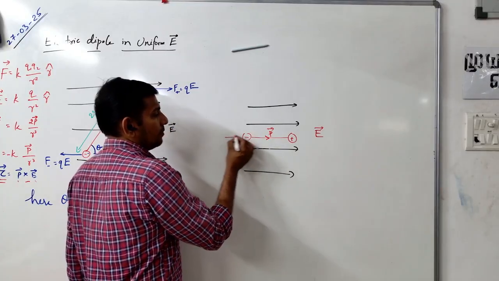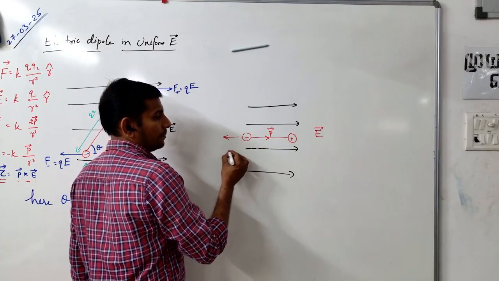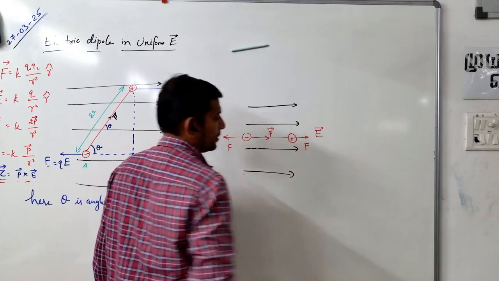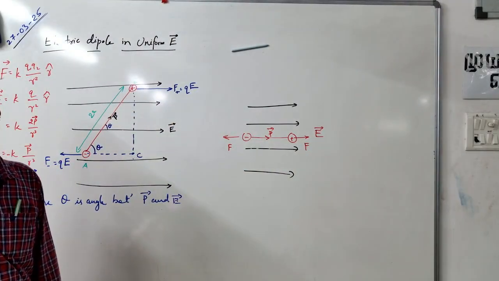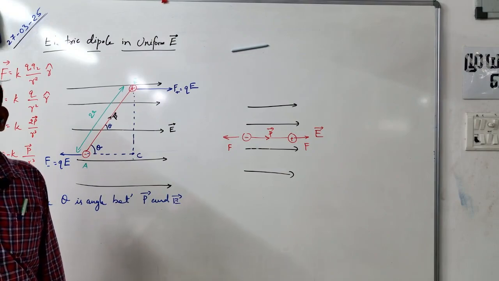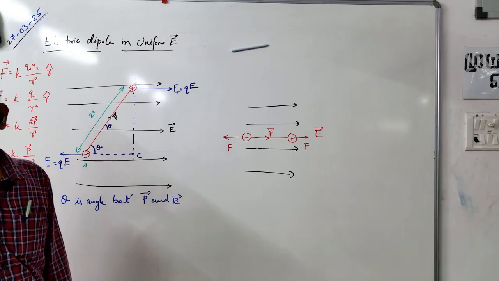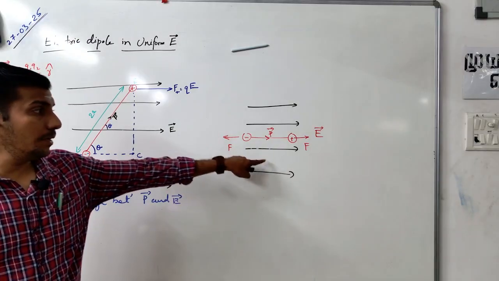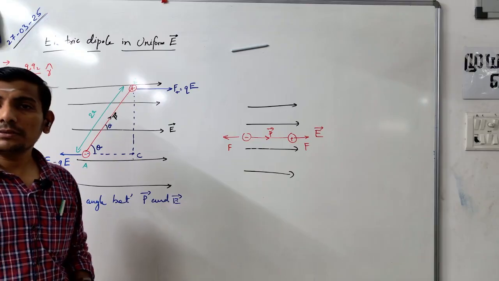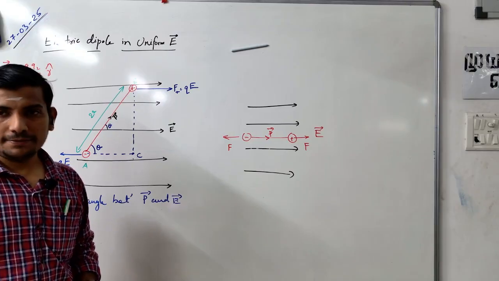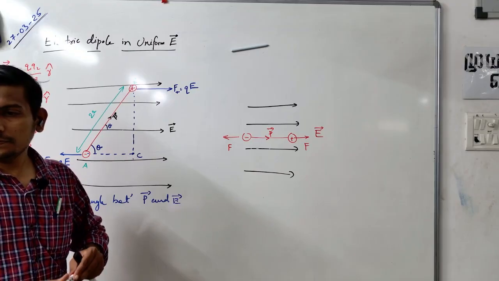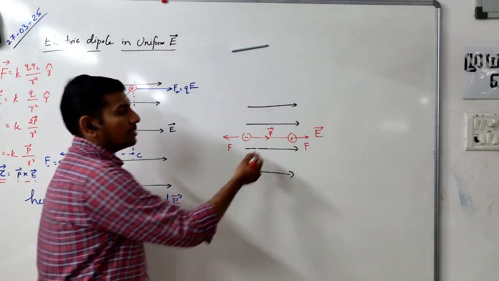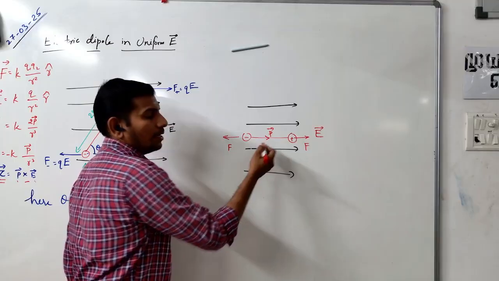This charge will experience a force in this direction, and this charge will experience a force in this direction. So there will be no torque, only forces. Got it? After alignment there is no torque; before alignment, only torque.